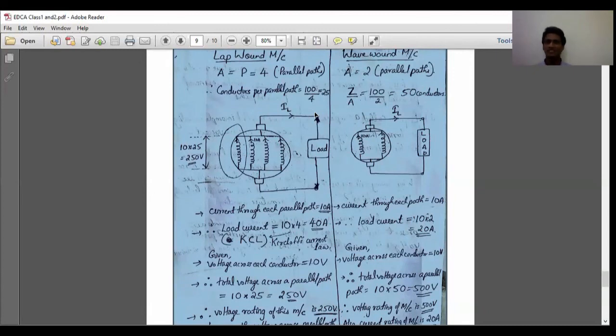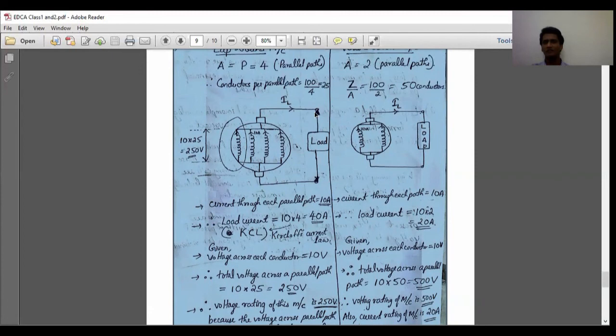Lap wound machine is used for high current rating applications. Clear? Then high current rating means low voltage application. What is the case of wave wound machine? It is used for low current, high voltage applications. We have concluded two main points about lap and wave wound machines.